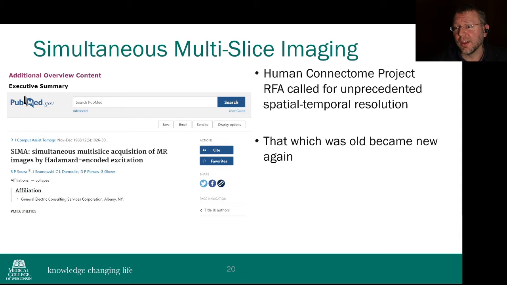So instead of getting acceleration by getting aliasing as the data gets folded over on itself, they were talking about taking multiple parallel slices, acquiring those slices, and getting them to alias as they would reconstruct, as if they were on top of each other.